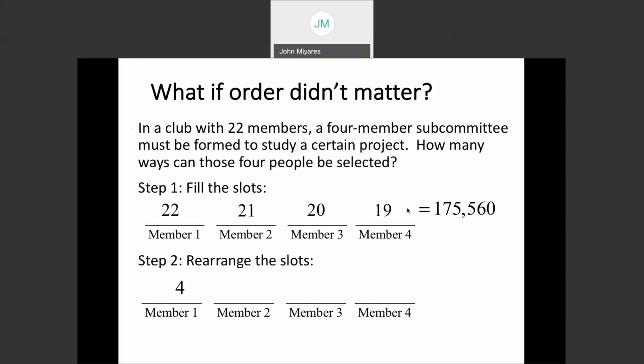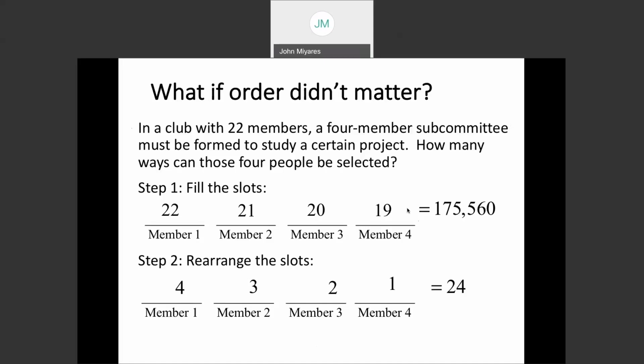The second can be any of the 3 left over. Then the third can be one of the 2. And there's only one person left to be last. That means there are 24 ways, or 4 factorial ways, that those 4 people can shuffle up amongst each other and still represent the same group of 4 people.